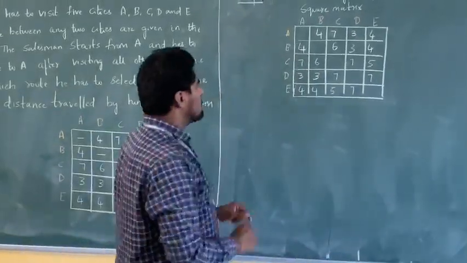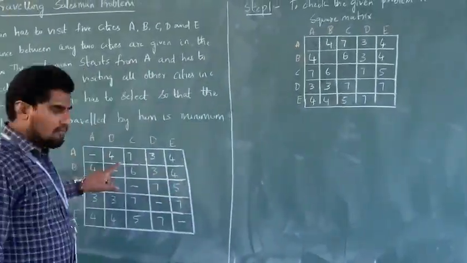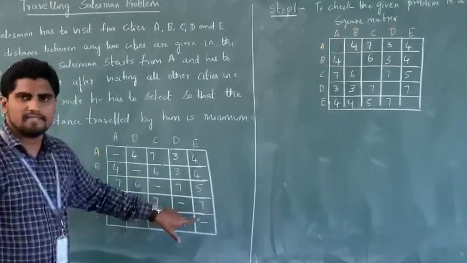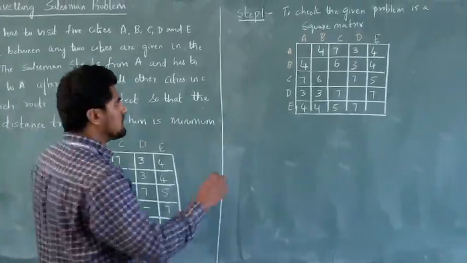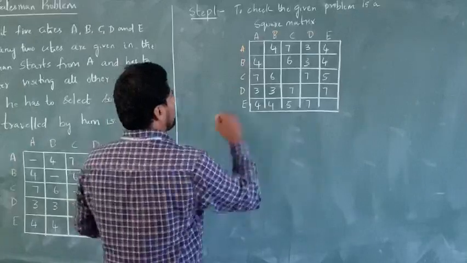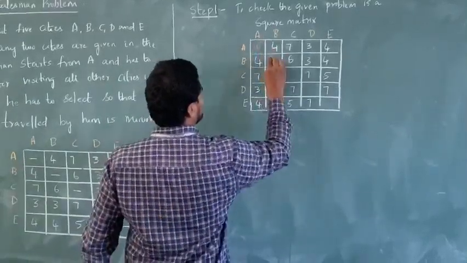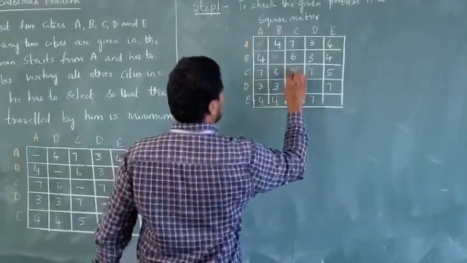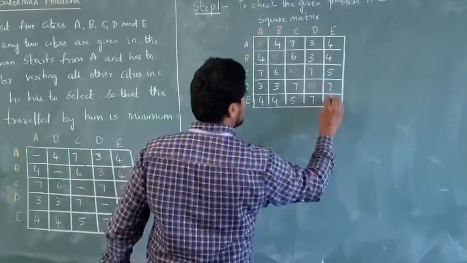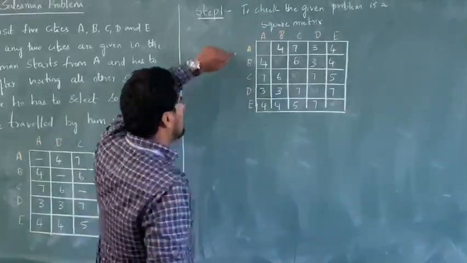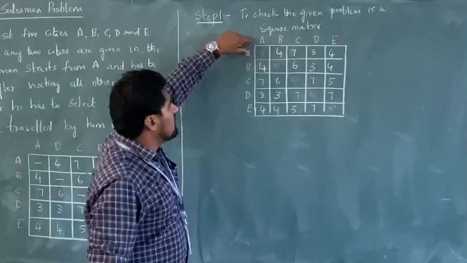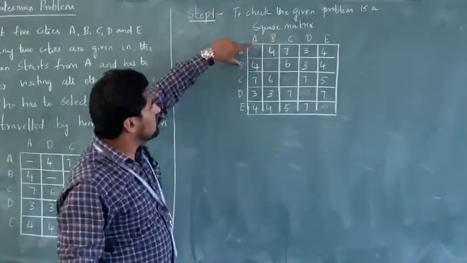In this given problem, they have just indicated a dash, right? So we shall introduce one term called infinity. Why are we going to introduce this infinity? Because a person can't travel to the same city. From A to A it is meaningless, from B to B is meaningless.